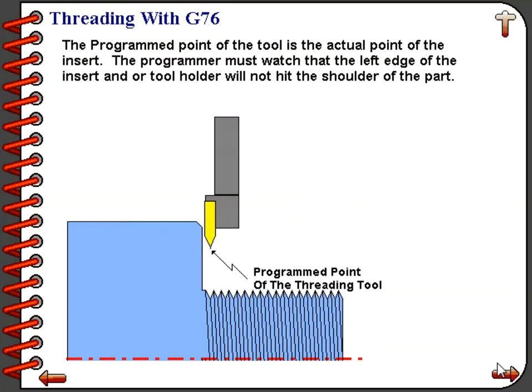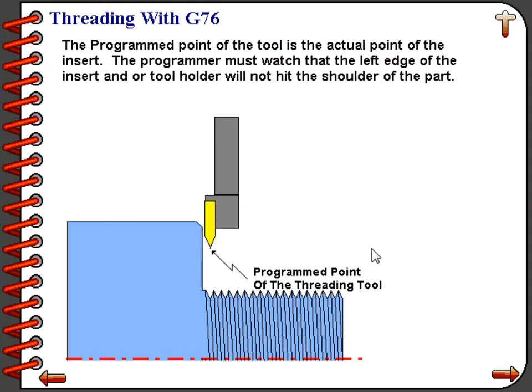Another area of concern with threading has to do with what part of the tool we are actually positioning. Some companies will position the left edge of the tool, whereas other companies, when they're programming it, will position the point of the tool. It is my opinion that positioning the point of the tool is the most critical and the proper way to do it. However, that puts upon the programmer as well as the setup person the responsibility of making sure that the left edge of that tool will not ram into the face or a shoulder on the workpiece.